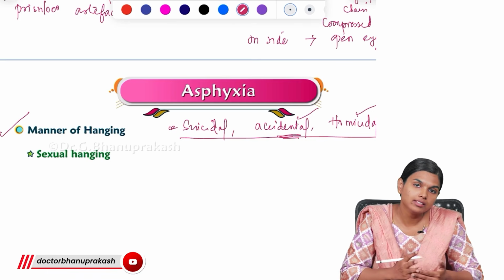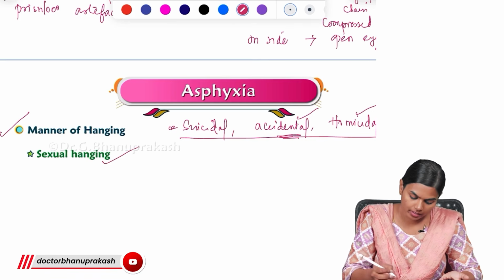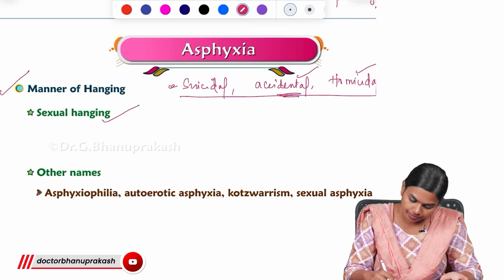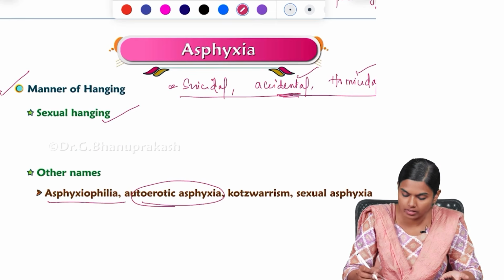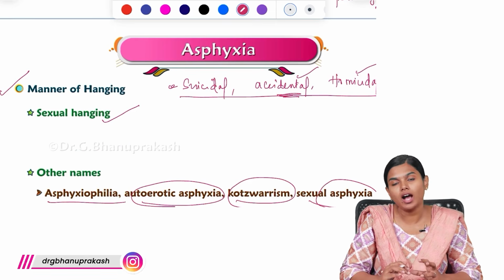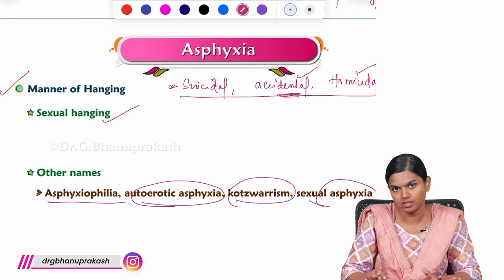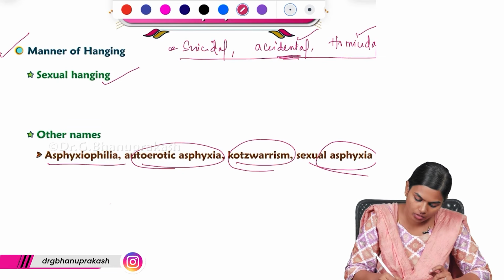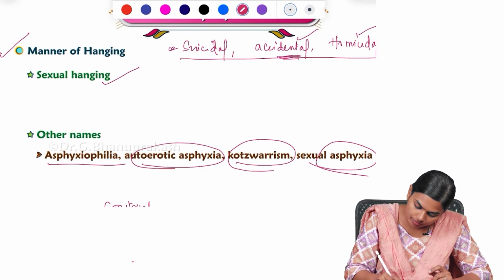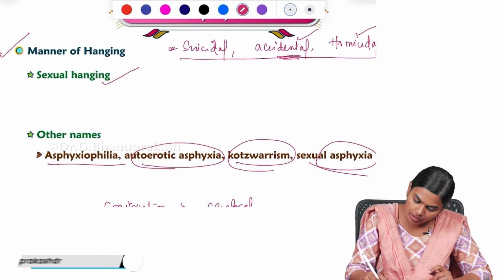And this accidental hanging is commonly seen with sexual hanging. It is also known as asphyxiophilia, autoerotic asphyxia, sexual asphyxia and Kurzweilism. So, these are the other names for this sexual hanging. What happens is that because of this constriction of the neck, there will be cerebral anemia.